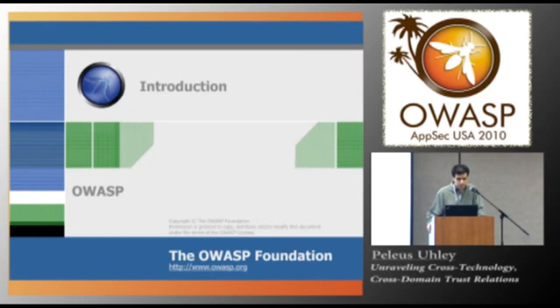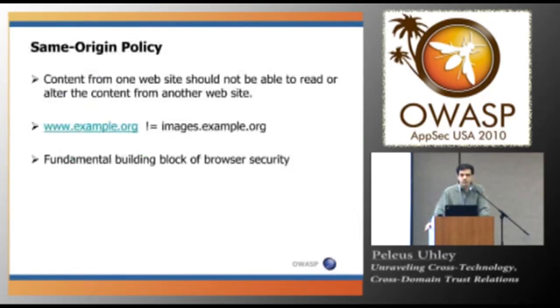If you're all familiar with the same origin policy, basically a request from website A cannot see the response that comes back from website B. You're allowed to do cross-domain GETs and POSTs, but data has to stay within the fully qualified domain of where the page is hosted.